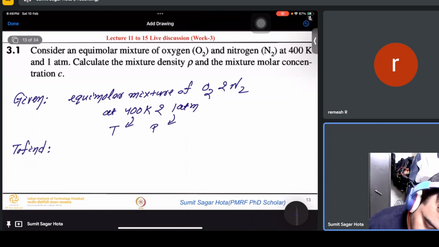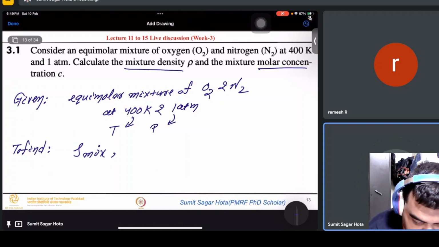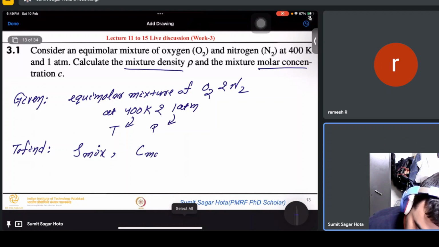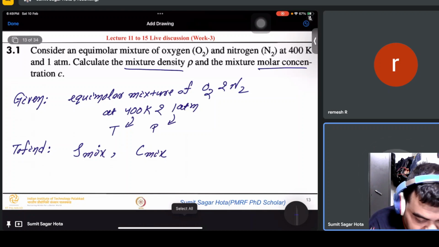The mixture density and the mixture molar concentration, which is represented as C. In this kind of question, always assume ideal gas.